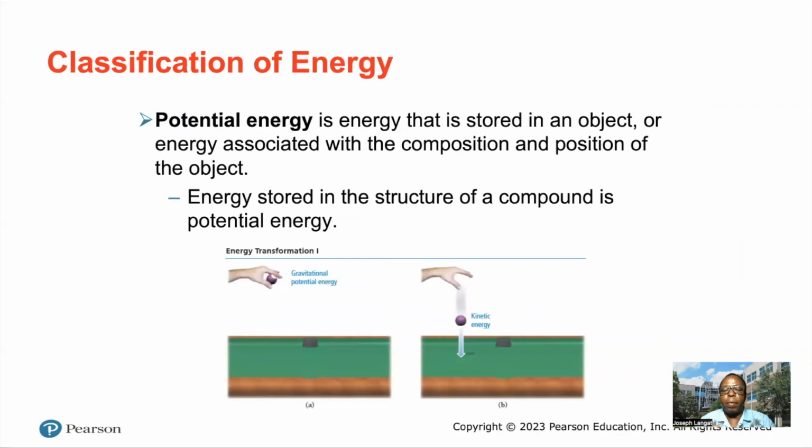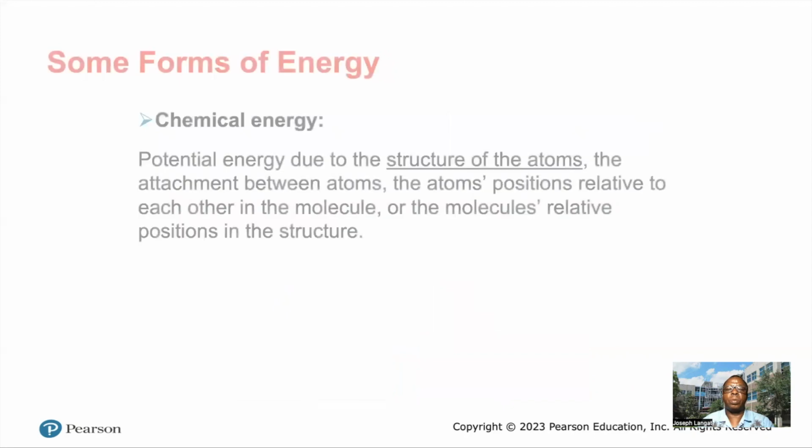For example, a raised ball has potential energy by virtue of its position. When it's released, the stored energy will be transferred into kinetic energy. It will gain energy as a result of gravitational force acting on it. So potential energy is transferred to kinetic energy.